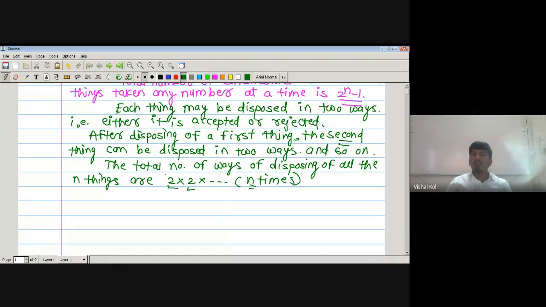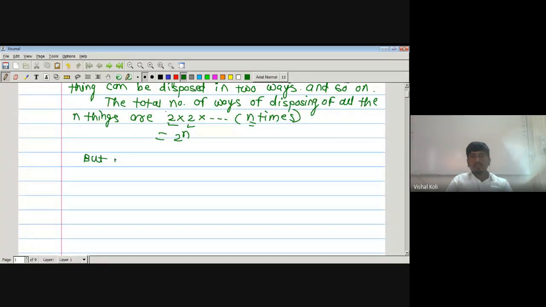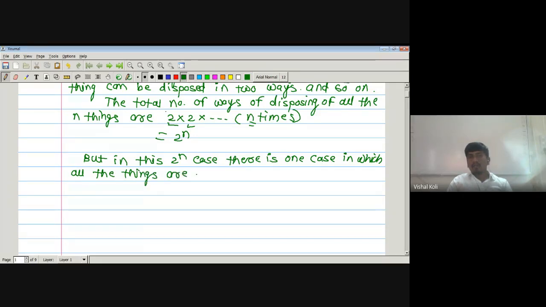Therefore, from the product rule we have to find its product. It is nothing but 2 to the power n, since it is 2 multiplied up to n times, which is nothing but 2 raised to n. So the total number of ways of disposing all the n things is nothing but 2 raised to n. But in this 2 raised to n case, there is one case in which all the things are rejected.